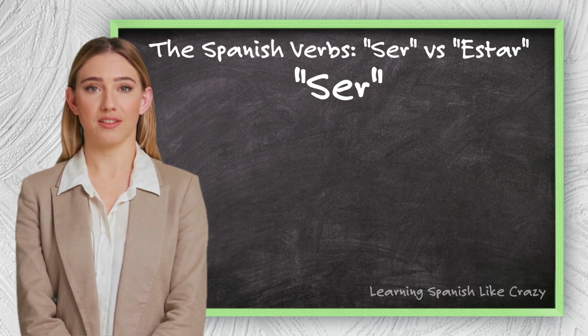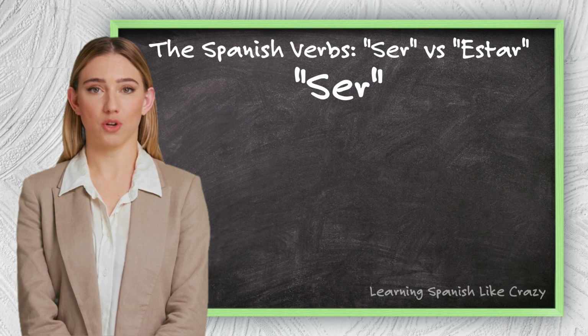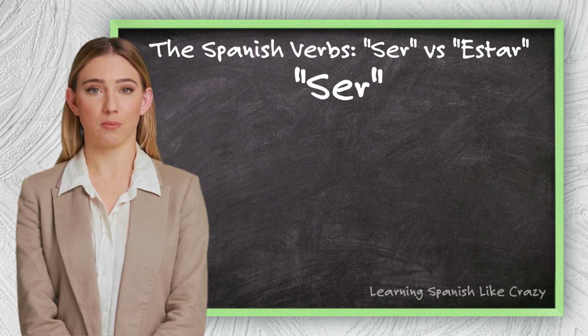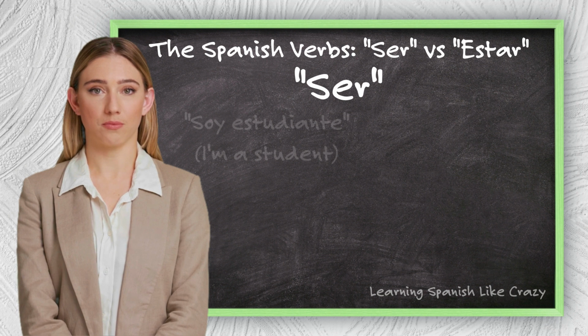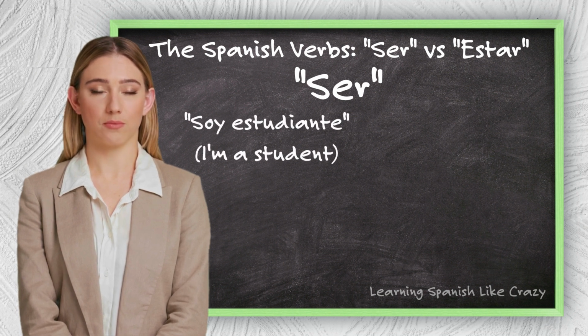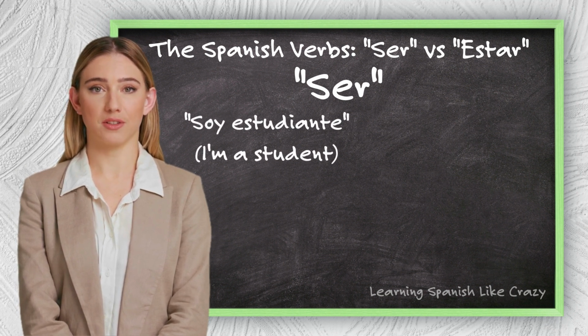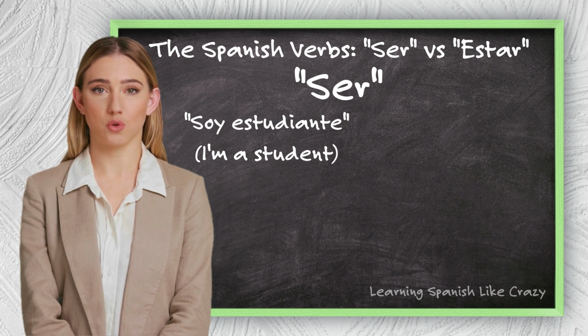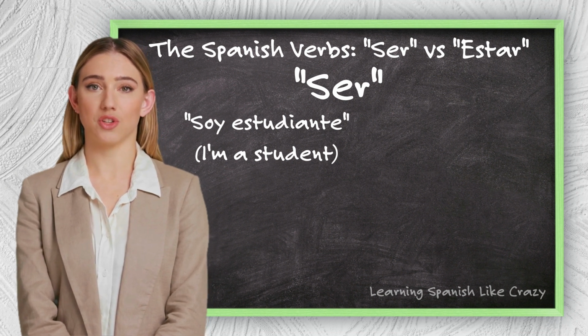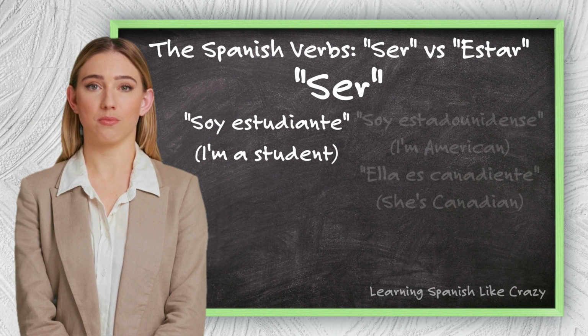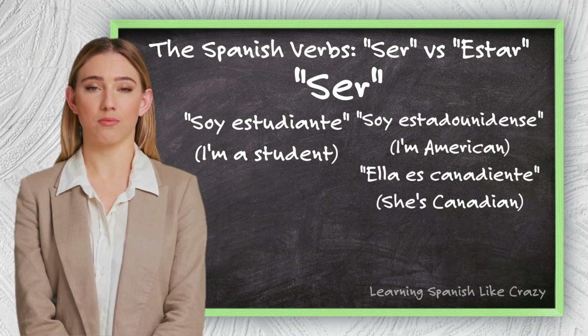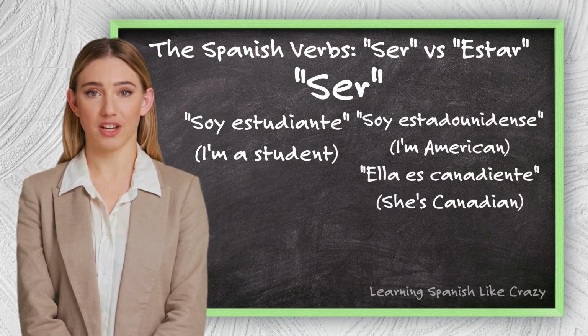When it comes to identity, it helps us communicate who we are. For example, we can say, Soy estudiante, to define our role in society. Furthermore, it enables us to express our nationality, as in, Soy estadounidense. Ella es canadiense.